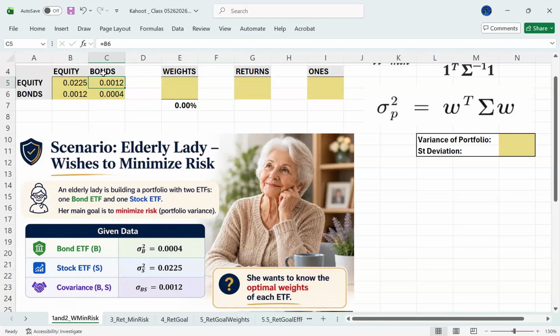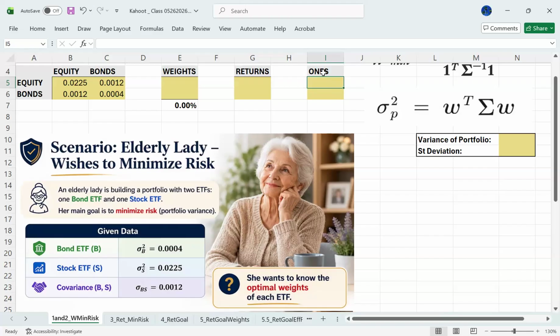Covariance is how the return of one asset moves with respect to another, how they co-move, so it's going to be the same whether we think about equity and bonds or bonds and equity. Okay, now let's complete this matrix.